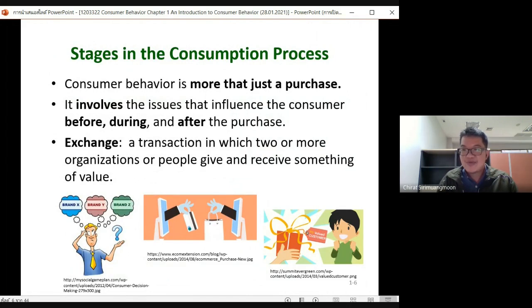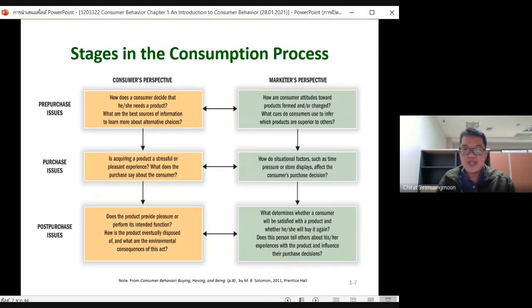In every step, what you're going to have is exchange. Exchange can be everything that you give and you receive. For example, now we have internet banking, so you don't need to have just bills or coins. That is the exchange as well.